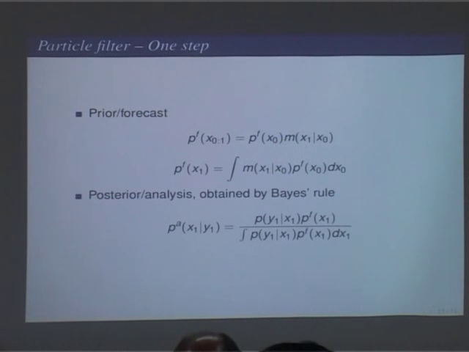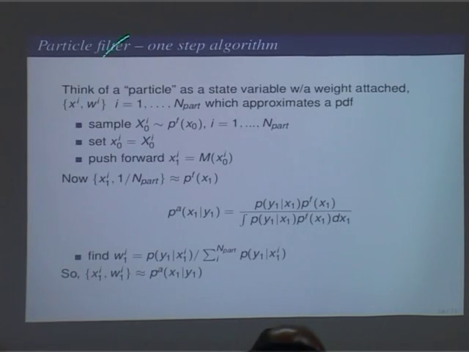Effectively, we're going to sample from this prior distribution on the initial conditions, move each of those forward through the model, and then have samples of this prior distribution at time 1. Then we have our formula for Bayes' rule. So here's where we plug into this algorithm. We're thinking about a particle as a weight being attached to a state.